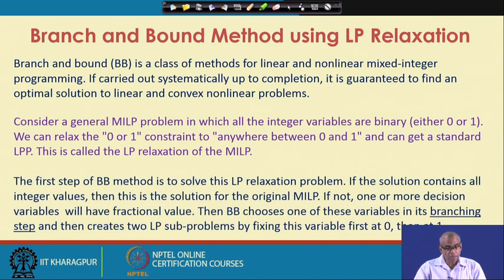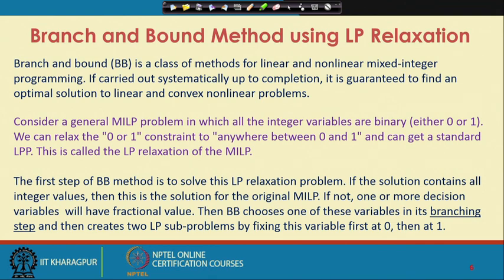The first step of the branch and bound method is to solve this linear programming relaxation problem. If the solution contains all integer values, then this is the solution for the original mixed integer linear programming problem. So, you do not have to do anything next. You have already obtained the solution. But if the solution does not contain all integer values, it means one or more decision variables have fractional values.